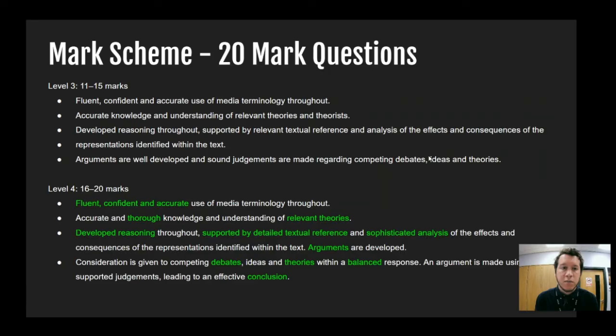In respect to the 20-mark questions, there is a level 4 band, and again you should be looking at fluent and confident and accurate media terminology, thorough knowledge of the relevant theories in terms of media theorists whose names you should be referencing in your answers, developed reasoning, looking at debates, balancing your arguments and coming to some sort of conclusion.